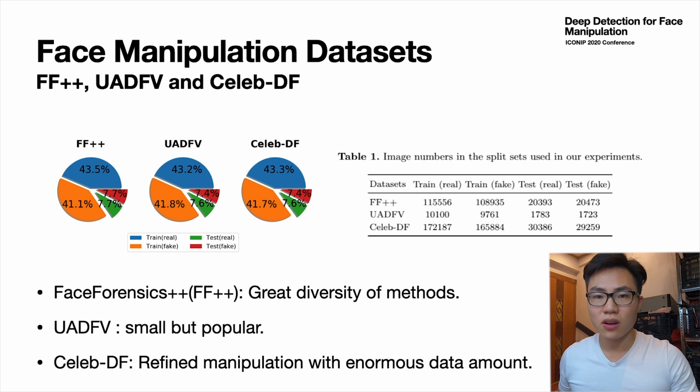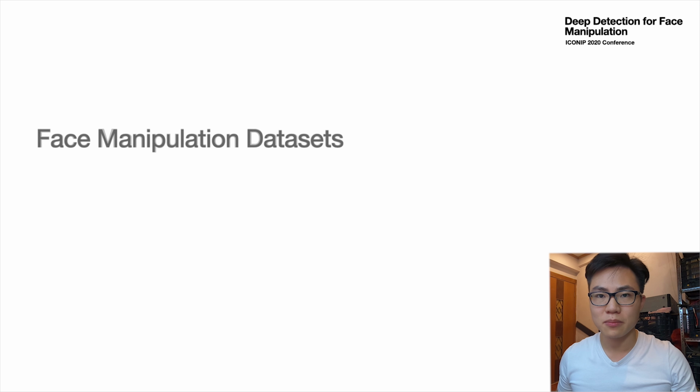The last one is called Celeb-DF, which is a large face forgery dataset with refined video synthesis solving common problems such as temporal flickering frames and color inconsistency in other datasets. Here, the above figures show the proportion of data distribution and the data amount in each dataset.